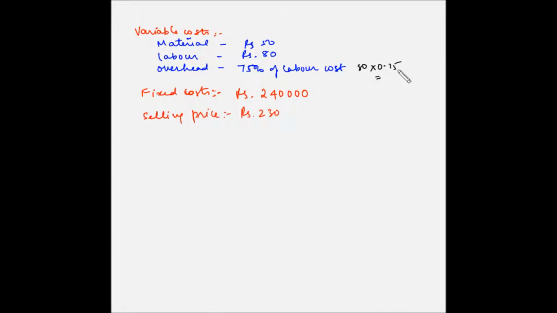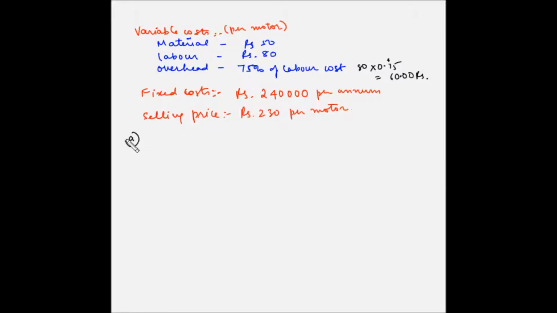So 8 5s are 40, 4 carryover, 7 8s are 56, plus 4 is 60, and one more 0 of 80, and then there is a decimal at two places, so 60.00 rupees. The fixed cost is 2.4 lakhs per annum, that is per year, and selling price is rupees 230 per motor. This is also per motor.